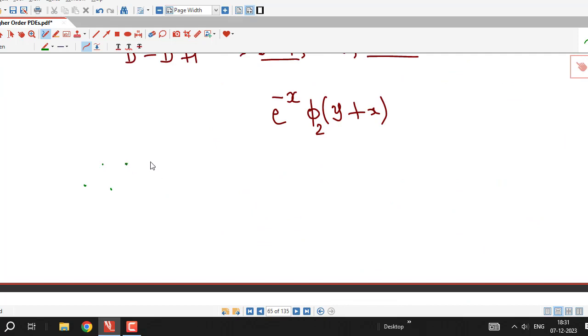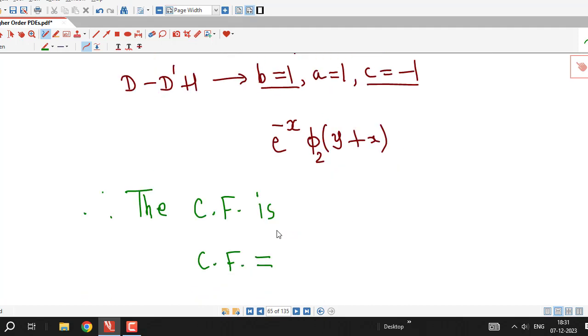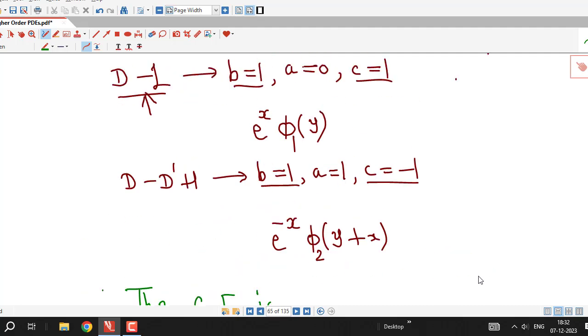So therefore we can write down the complementary function. Complementary function is CF equal to e raised to x times arbitrary function of y plus e raised to minus x times arbitrary function of y plus x.